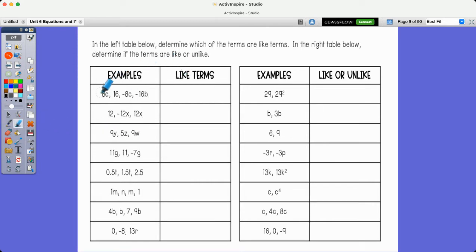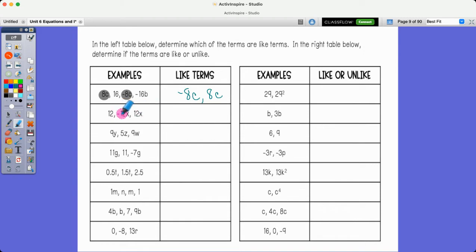Okay, so we're looking here for like or unlike terms. So I'm looking here, and I hate black. Why did I do that? And those two are our like terms. So I have negative 8c and positive 8c.